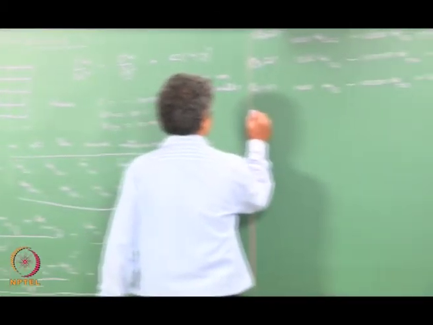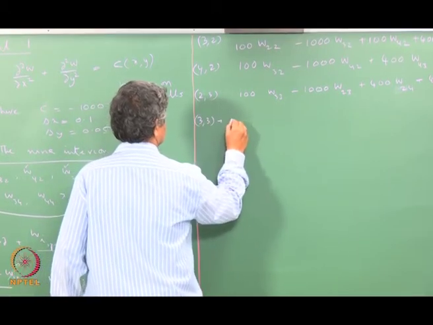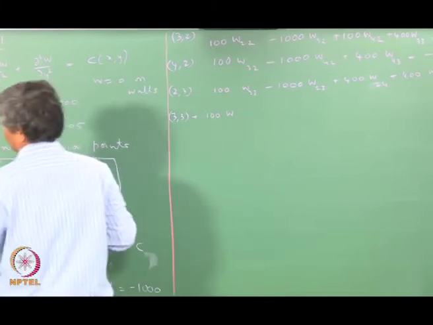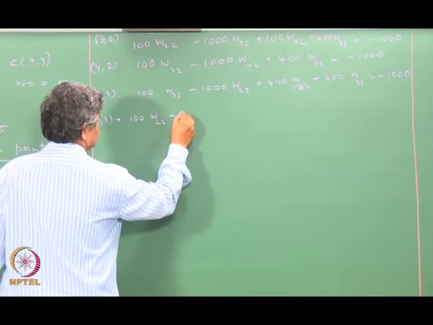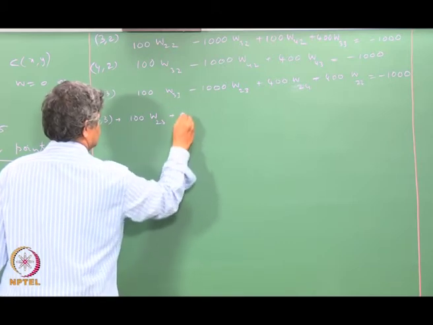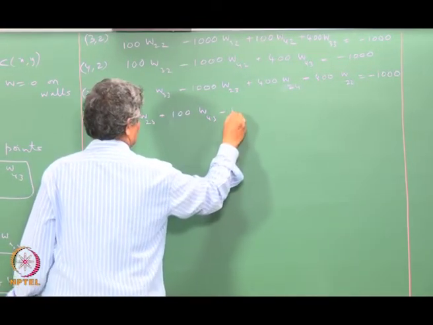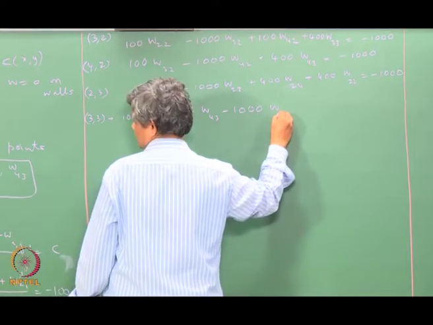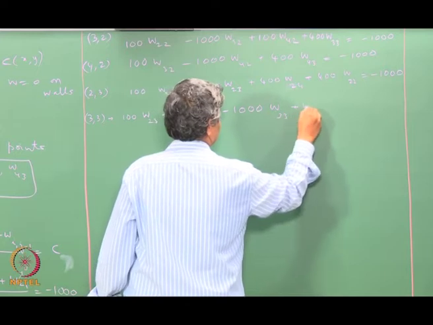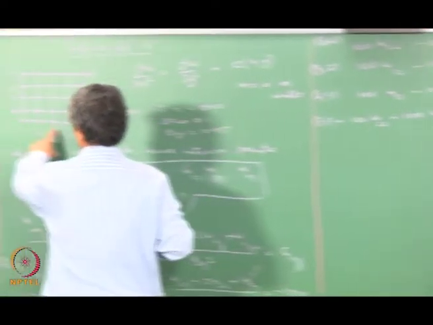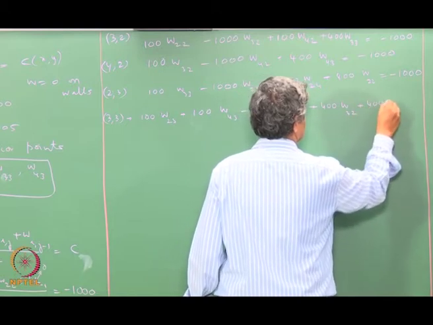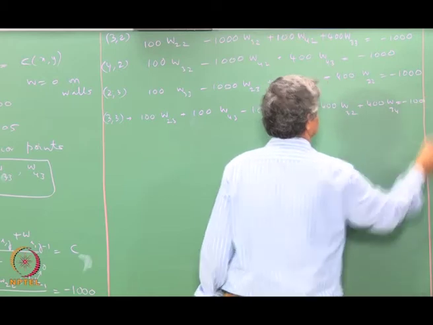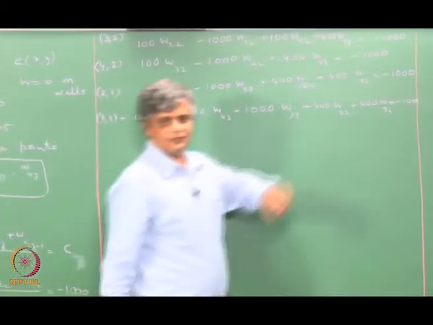So, we have 100 of 23 plus 100 of 43 minus 1000 of 33 plus 400 of 32. So, plus 400 of W34 will give us minus 1000.